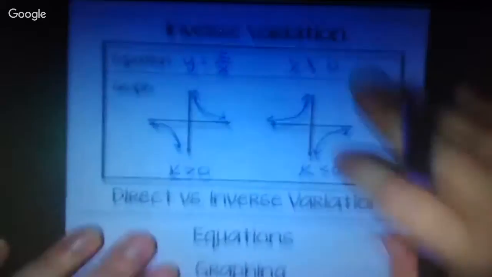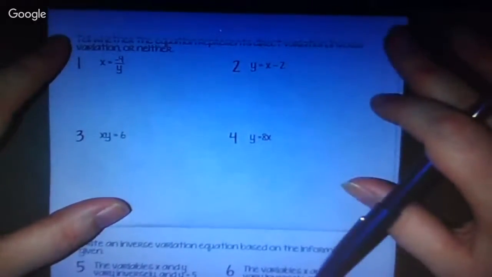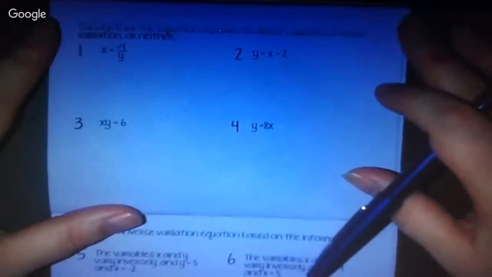All right. You flip the page. We need to look at each one of these equations and tell me, is it direct variation? Is it inverse variation?